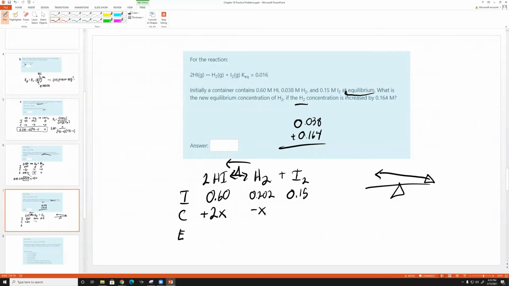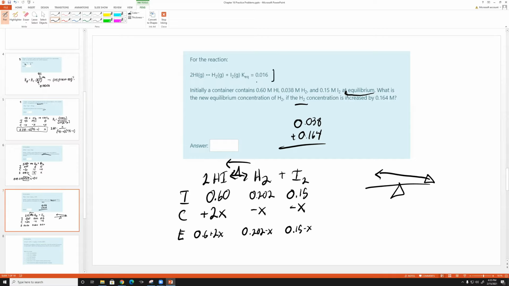H2 will decrease by minus x, and I2 will also decrease by minus x. And then we solve it just like we do for a normal equilibrium ice chart. So we do 0.6 plus 2x, and then for H2, 0.202 minus x. And then for I2, 0.15 minus x.